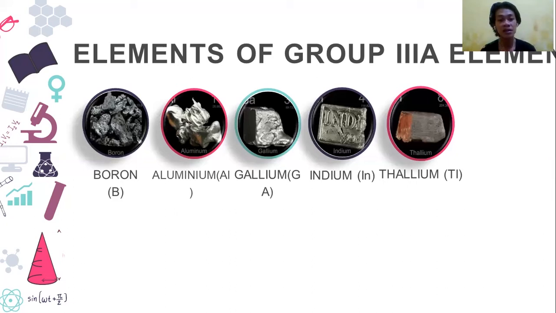And the last, thallium. Thallium is a chemical element in the periodic table which has the symbol Tl and atomic number 81. Its metal is very poisonous and has been used as an ingredient in rat poison and insecticide.